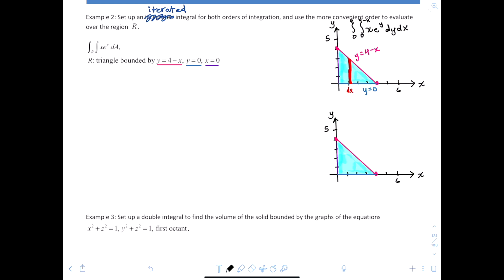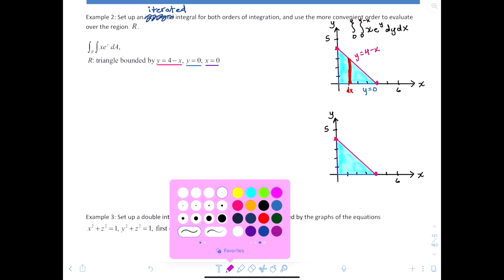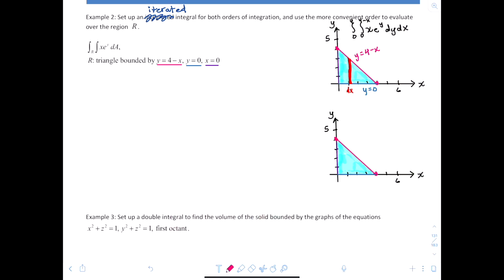All right. So the way this one would look is you would isolate x, right? So x would be 4 minus y, is that line. And then remember, it would have to be rightmost minus leftmost, okay?